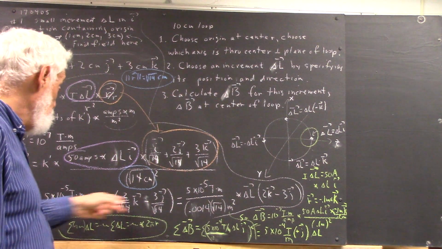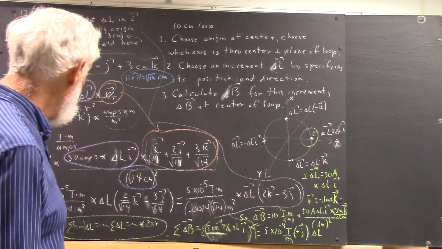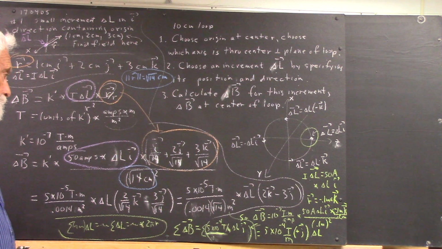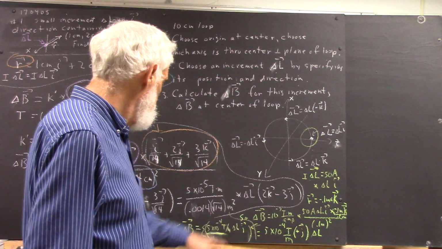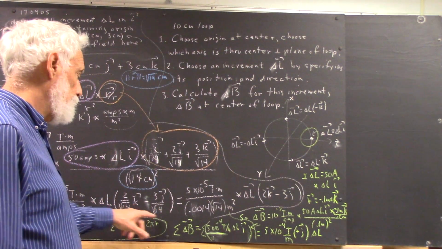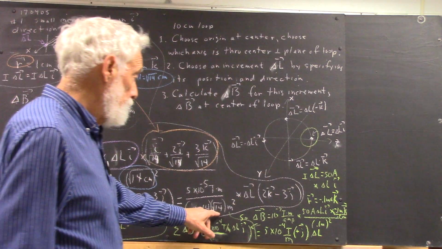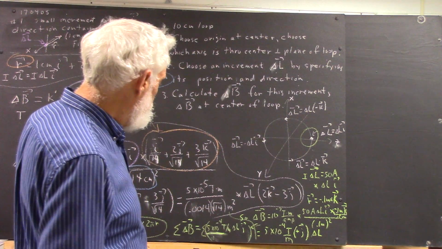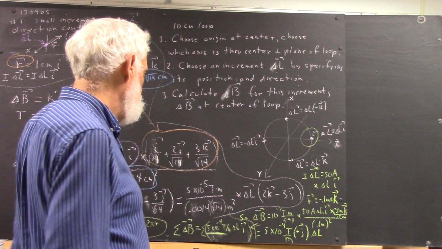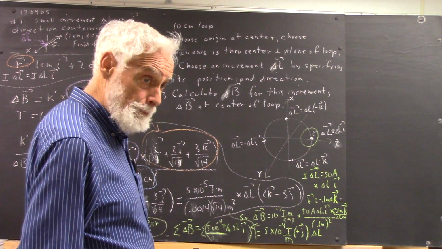Well, we do this, and all I do from here to here is take that square root of 14 that's common here and put it down here. And then, of course, Tesla meters over meter squared times delta L.